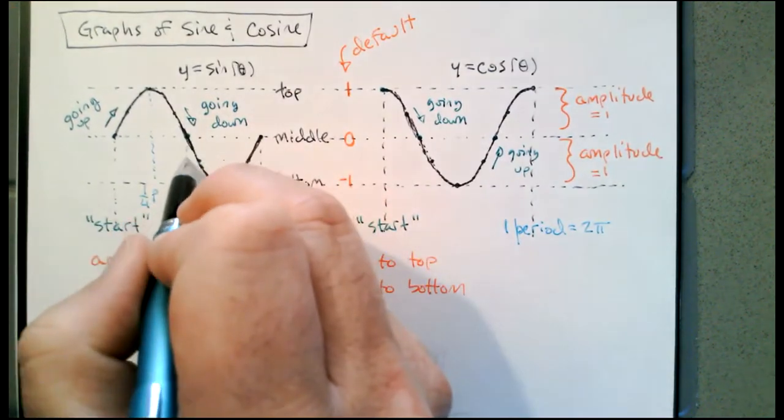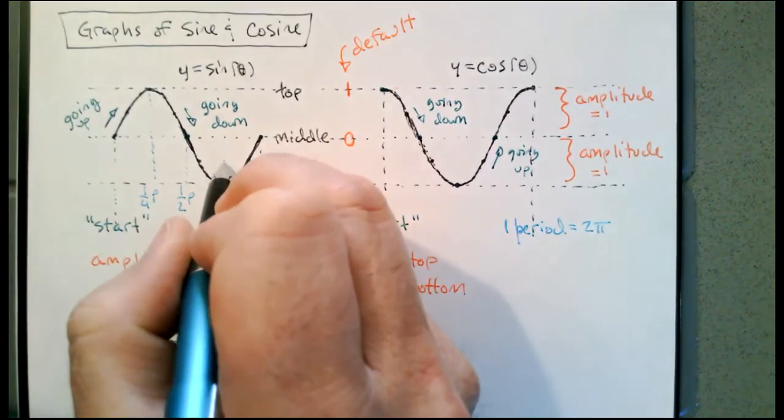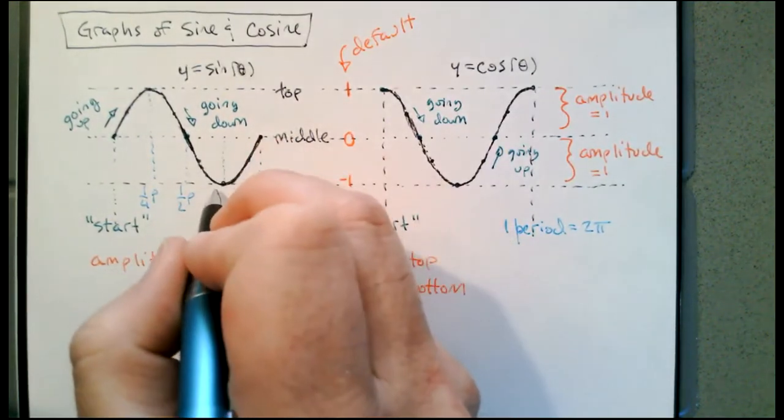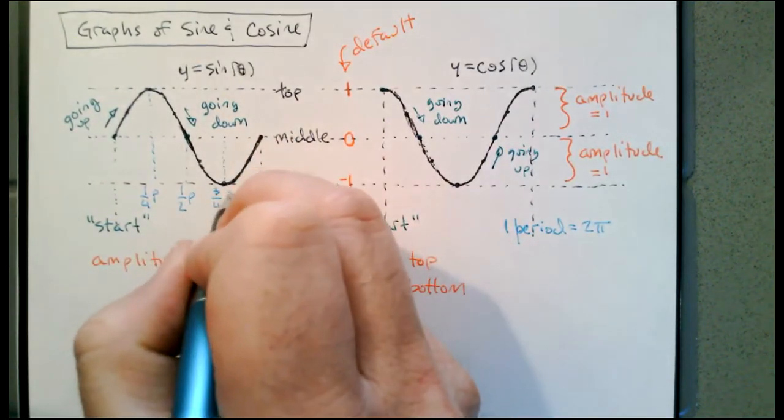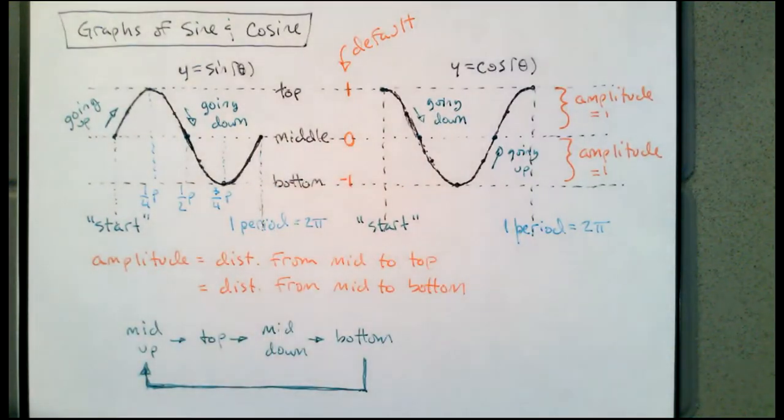We hit the middle going down at a 1/2 period. We hit the bottom at 3/4 of period. And then we hit the middle going up where we started at 1 period. So all these points are 1/4 period apart.